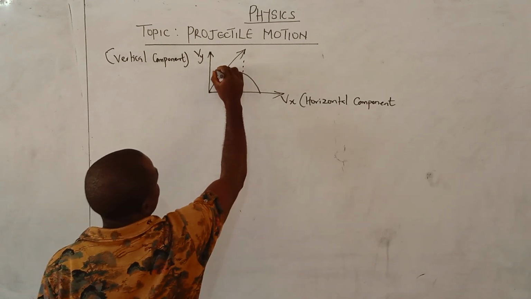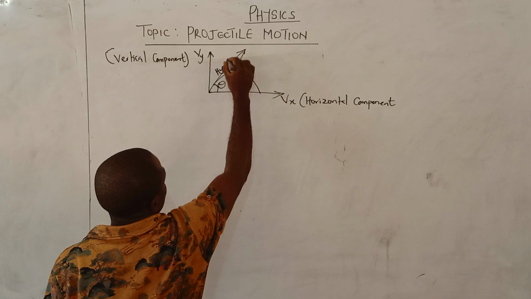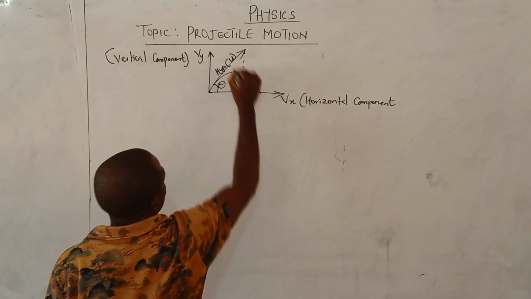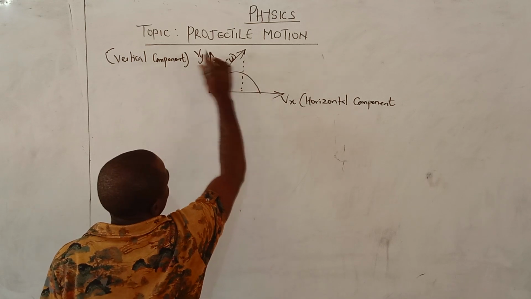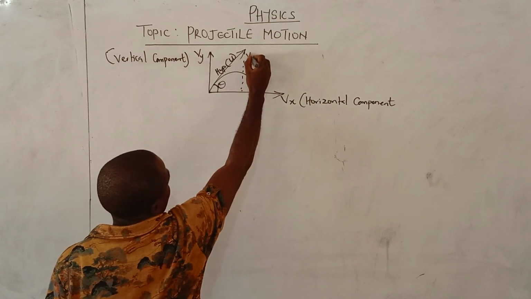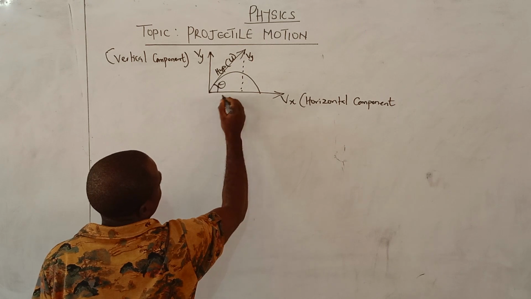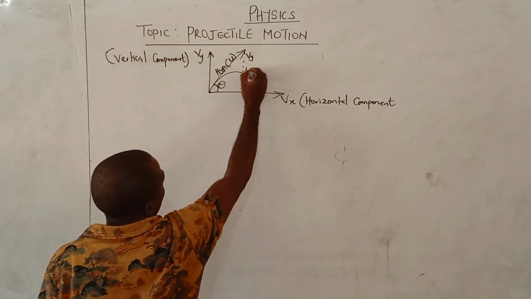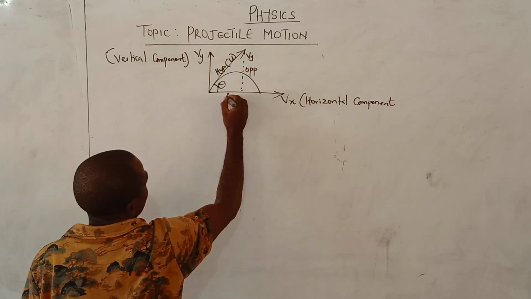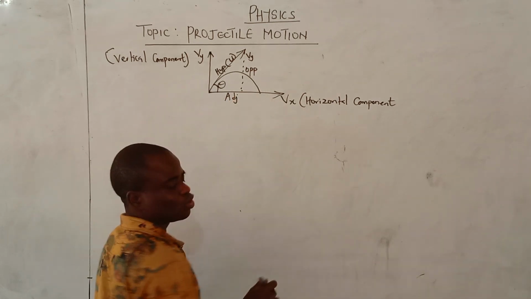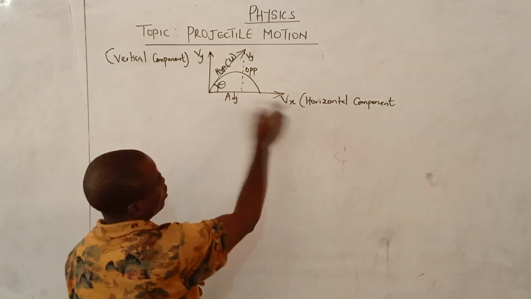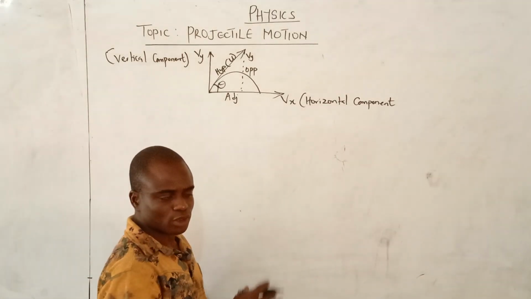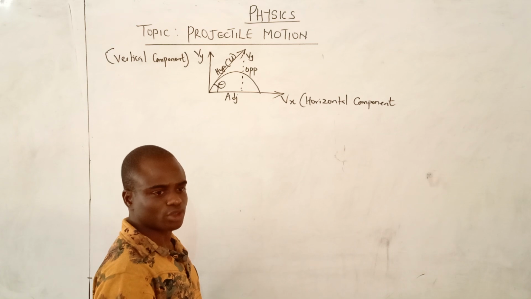This is the hypotenuse, let's use u to represent that. This is Vy, and this one is Vx. This is the opposite, and this is the adjacent. We want to know the vertical component, Vy, and also Vx, the expression for both of them.